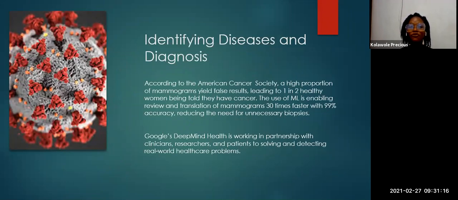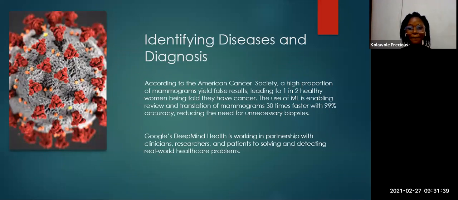Here is the application of machine learning in identifying diseases and diagnosis. As we all know, machine learning algorithms are being used in detecting diseases like cancer and leukemia with high accuracy.